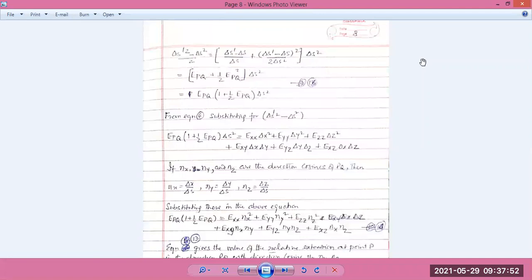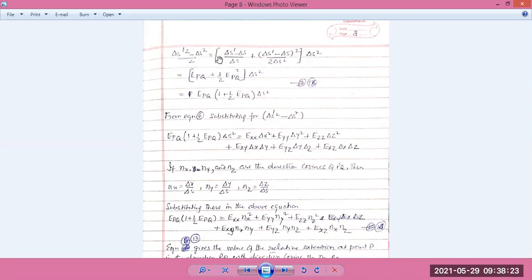Now let us derive another new term: delta s dash square minus delta s square divided by 2 delta s square, which can be simplified to take this form: delta dash s minus delta s by delta s, plus half of delta dash s minus delta s whole square divided by delta s square.